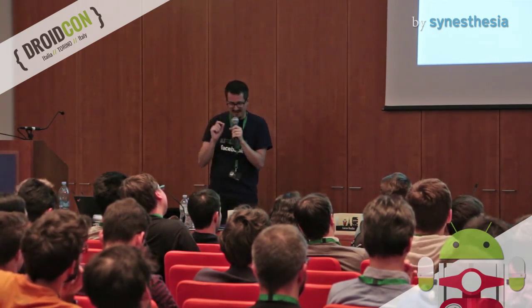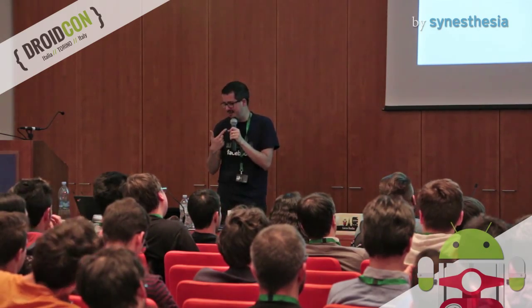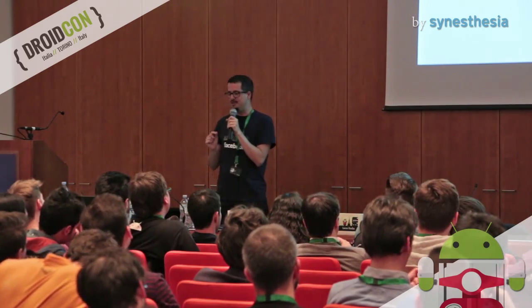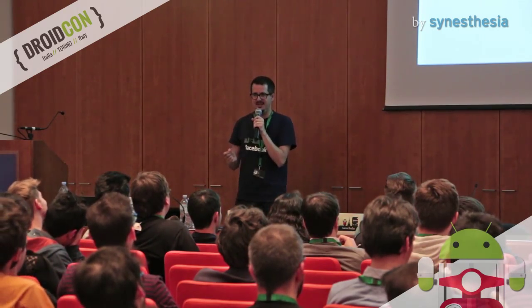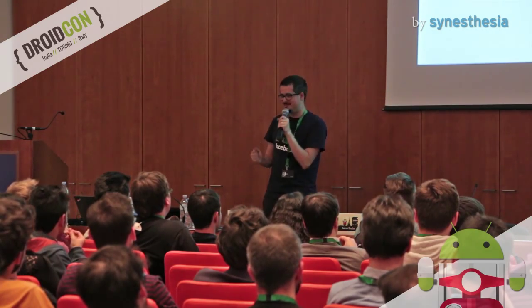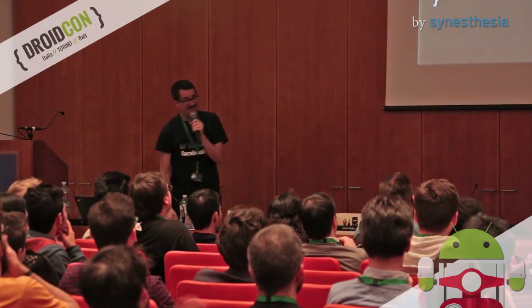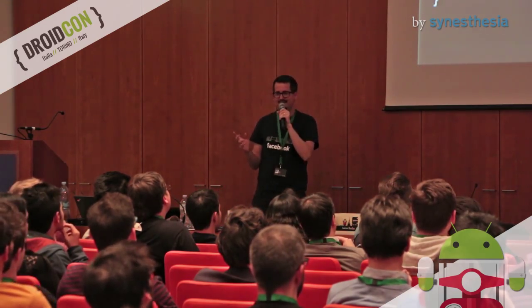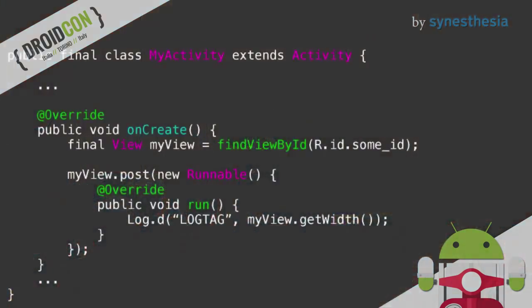And the one thing that I find interesting, I just thought it would be fun to bring this up. I've seen a lot of people using post as a way to say, after the layout, I have my size and can do stuff, right? So you have something like this. In your activity, you need the size of your view, and you do a post runnable, and magically you have your size there, and you feel like, yeah, that's working great.